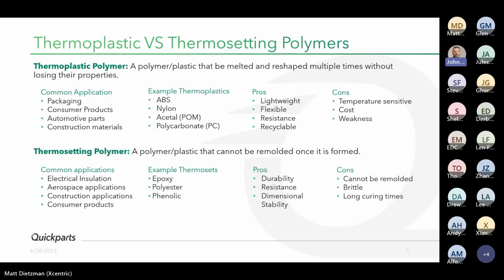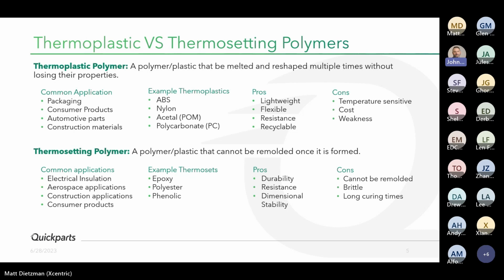That's why it's highly recyclable, and you're going to see it in just about everything. Most of your injection molded products are going to be made of some sort of thermoplastic. These are your ABSs, your nylons, your POM materials, polycarbonates, and so on.